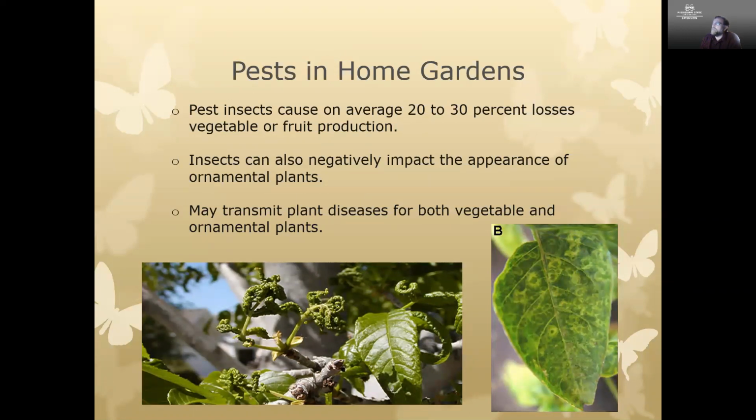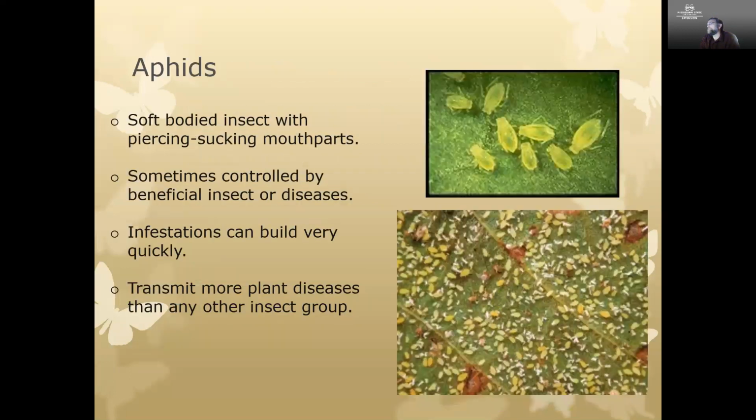In addition to that damage to our production, we also have a reduction in the beauty of our plants, so those insects can negatively impact the appearance of ornamentals. And again, as I've mentioned, some insects can also transmit plant diseases for both vegetable and ornamental plants. And there in image B, you can see an example of a disease that is transmitted by an insect.